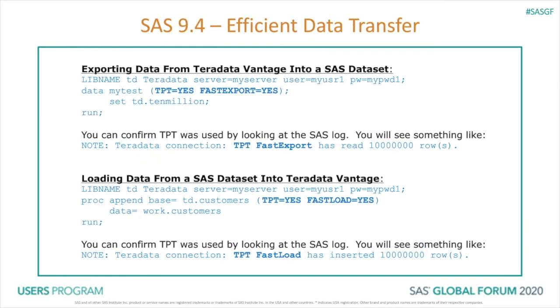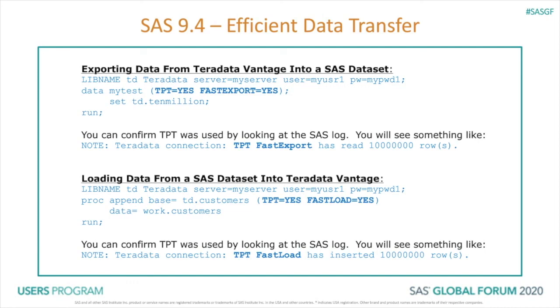If you don't have Viya, of course I didn't want to leave you hanging. This is how it works for SAS 9. It's not the exact same, it doesn't work the same way, but there is a Teradata product called the Teradata Parallel Transporter, TPT, and in your data set options, you can set TPT equal to yes, and depending on if you are exporting data out of Teradata, loading it into SAS, you can use fast export.